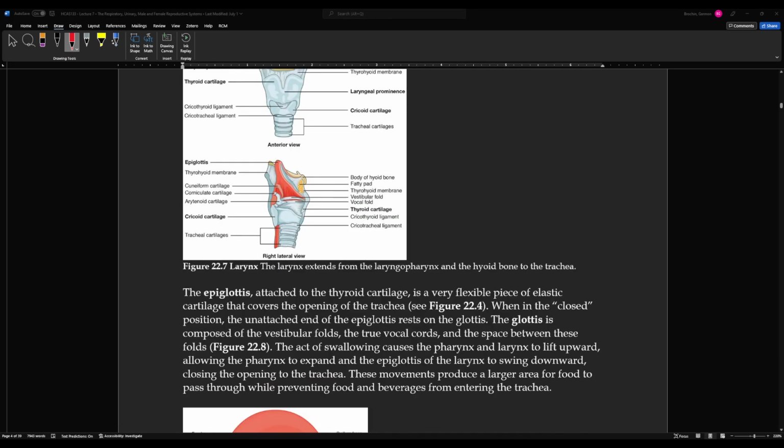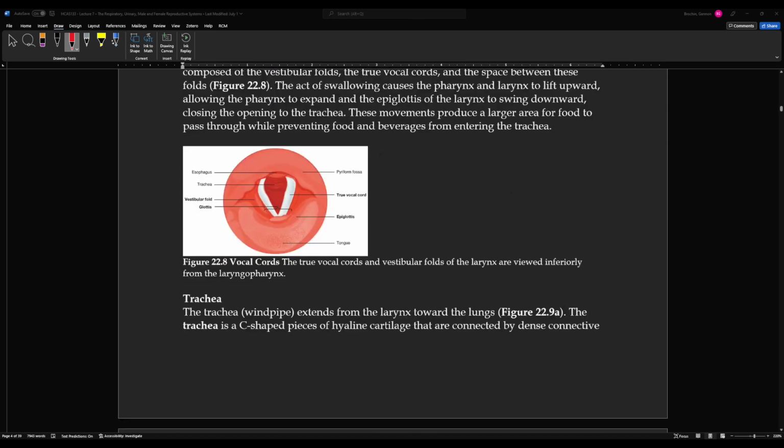So as you get into the trachea, which begins after the cricotracheal ligament underneath the cricoid cartilage, we've really entered pure respiratory system at that point. Our vocal cord diagram is here.